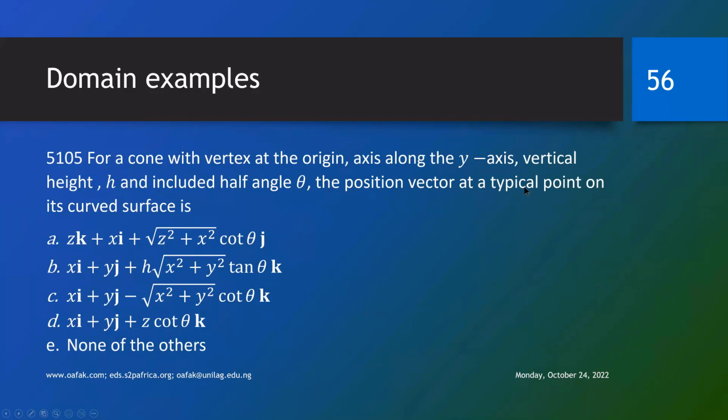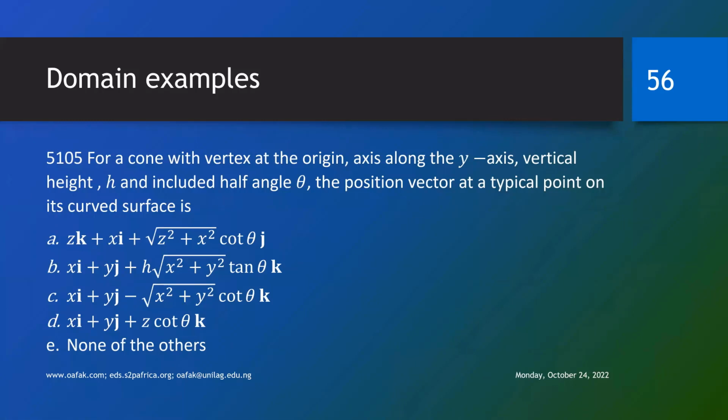The position vector at a typical point on its curved surface is A, B, C, D, or E. Please, when you are answering this question in the chat, type 5105. That is the code for this question. And type A, B, C, D, or E, and let me see what you think is the correct answer.